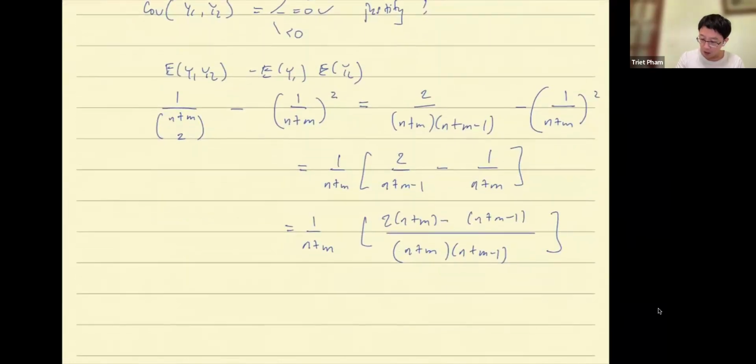So actually it's going to be n plus m plus 1 over (n plus m) squared times (n plus m minus 1), which will be positive.